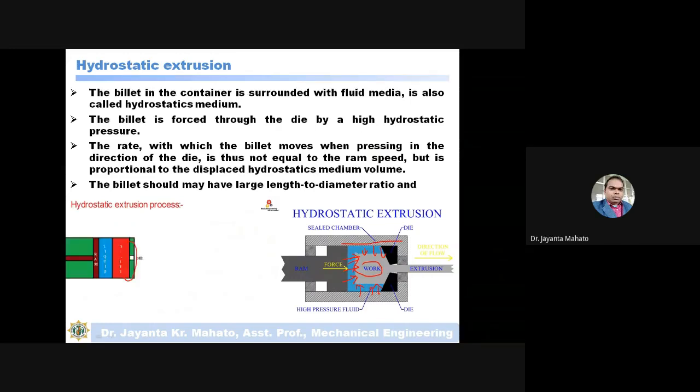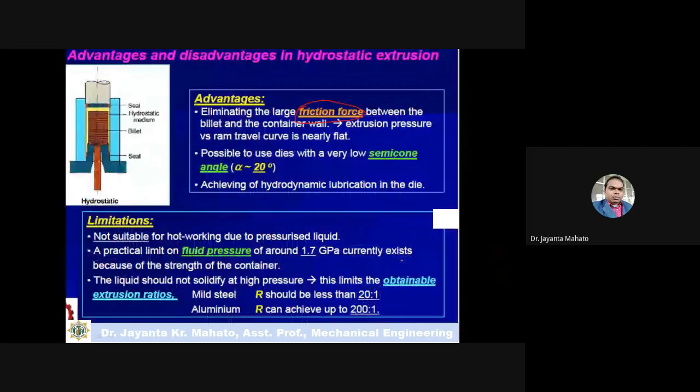Even there is no contact between the billet and this ram. This liquid media can also act as a lubricant itself. So in this way, in hydrostatic extrusion, the frictional force can be minimized.